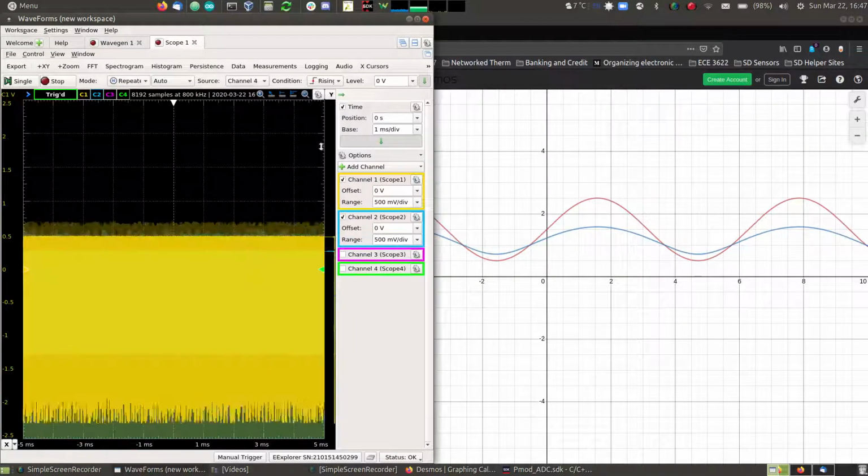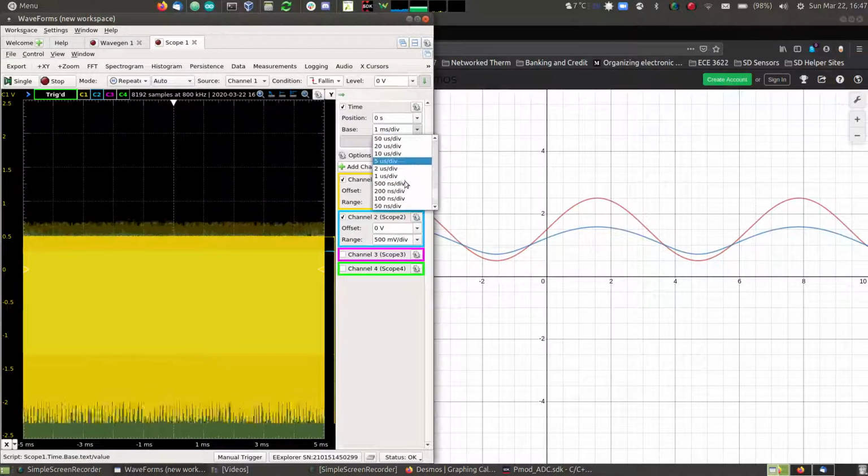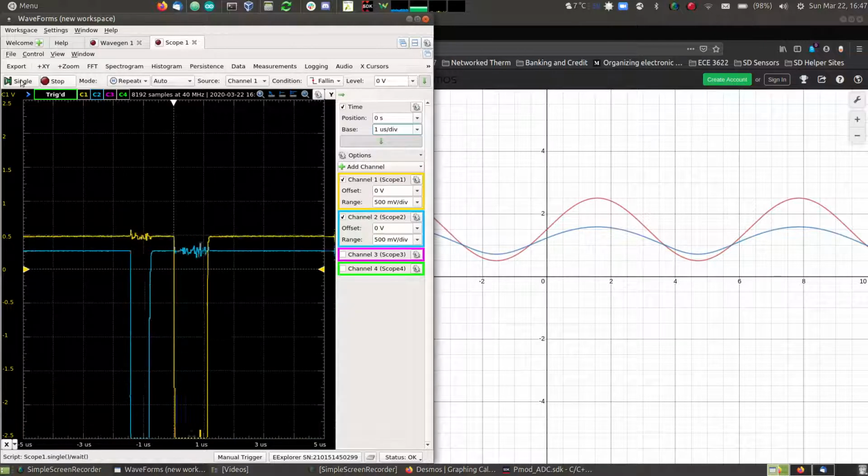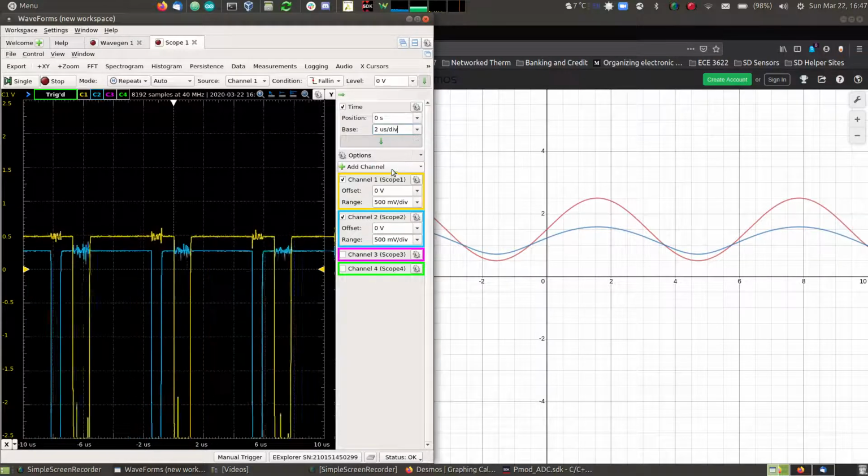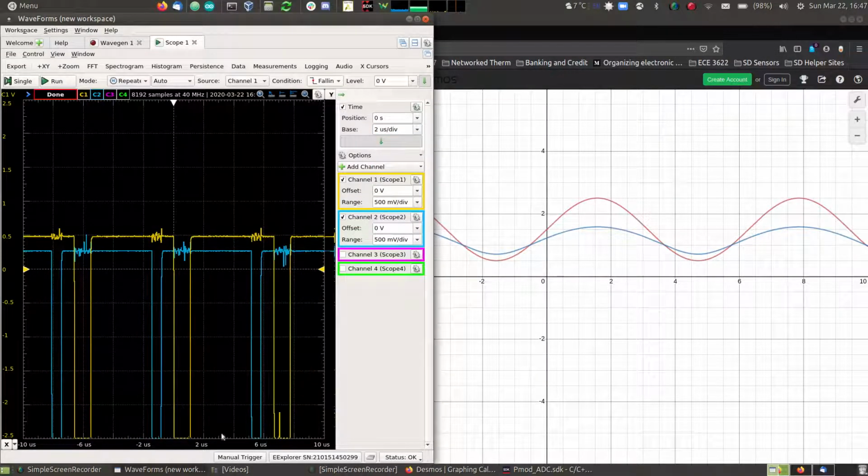So now if we take a look at our throughput, and let's turn that to falling. If we take a look at our throughput, notice we can't even get a whole period here with the division set to 1 microsecond. So we'll set the divisions to 2 microseconds, and let's just run this once so it stops twitching.